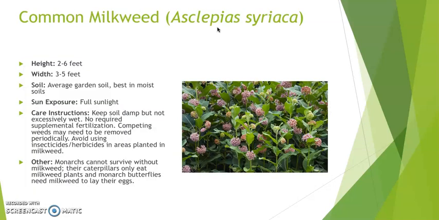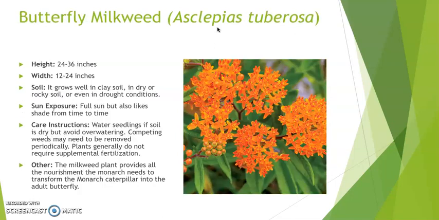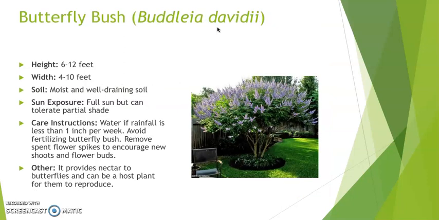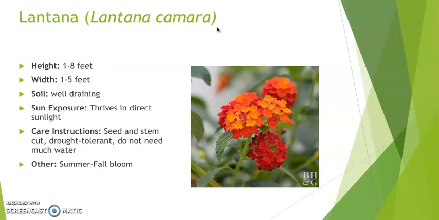Next we have the common milkweed. We have a swamp milkweed, a butterfly milkweed. And the reason we have so many milkweeds is because that type of plant is what really attracts monarch butterflies. We have a butterfly bush, a meadow blazing star, a lantana.